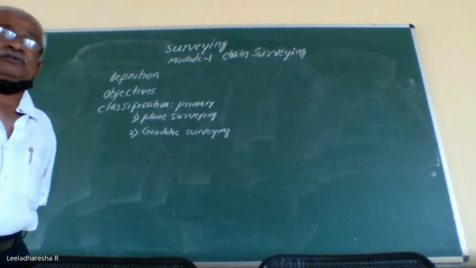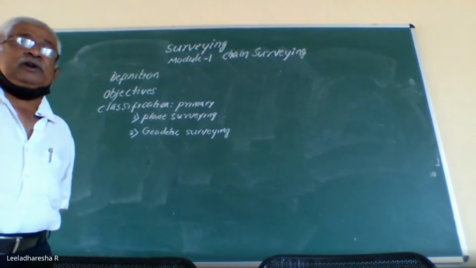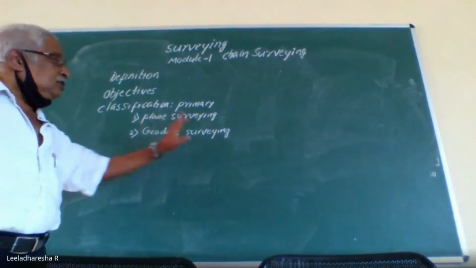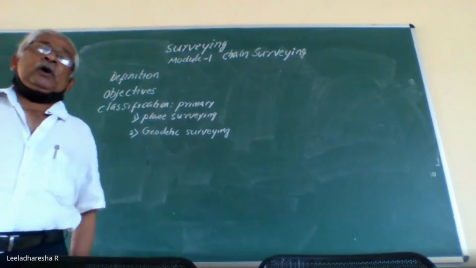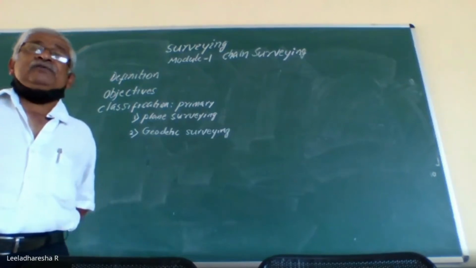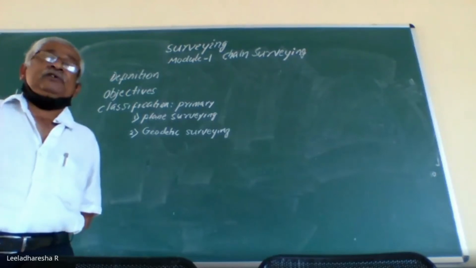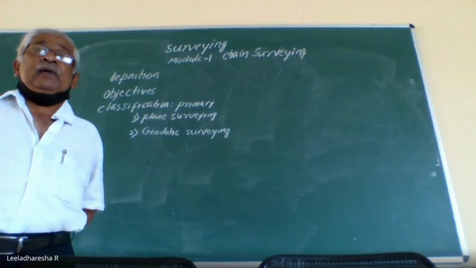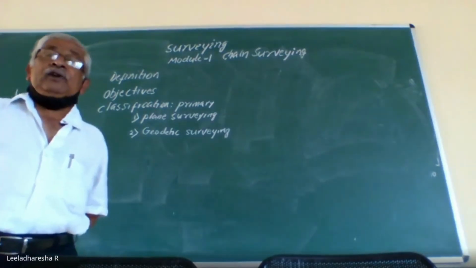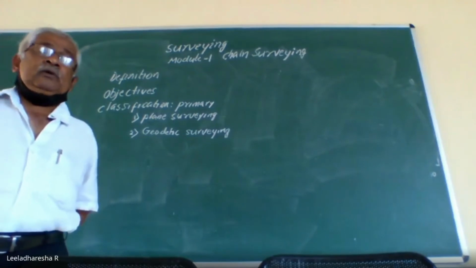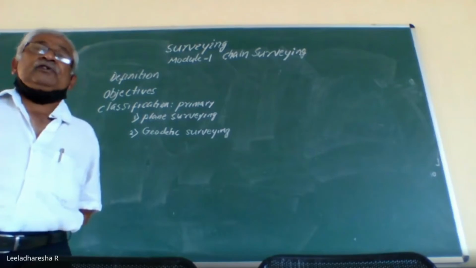Now, coming to the classification of survey, surveying is basically classified into two types. One is called plane survey, the second is called geodetic survey. The major difference between these two is that in plane survey, the horizontal surface is considered as a level line. But in geodetic survey, we consider the spherical surface.